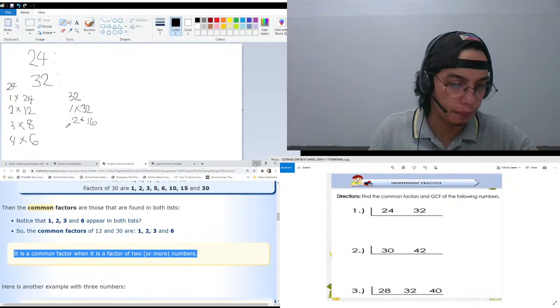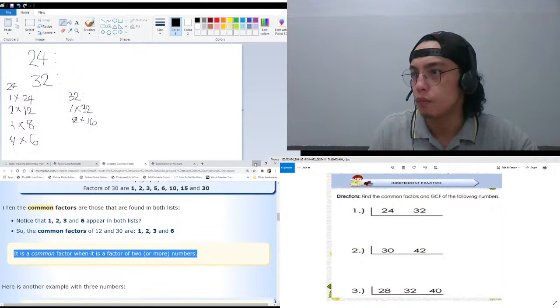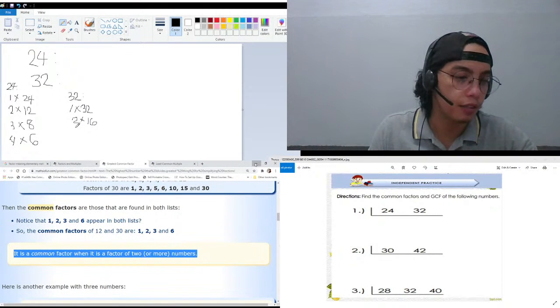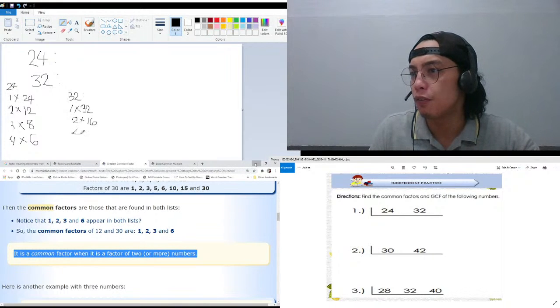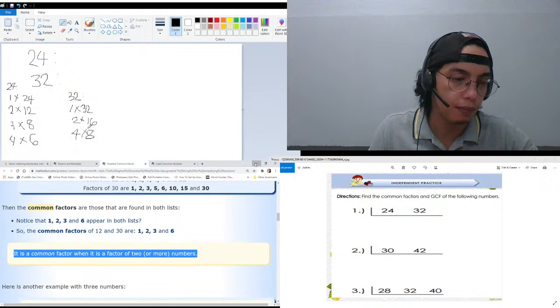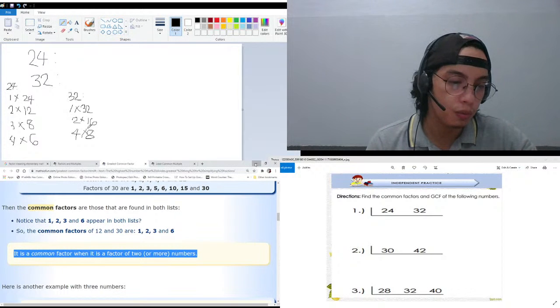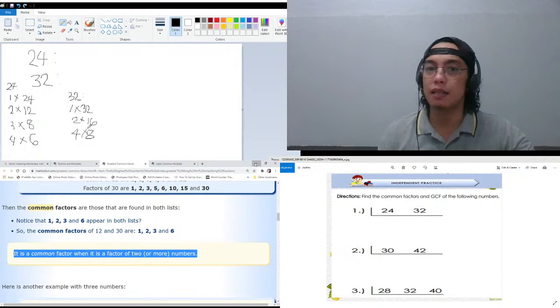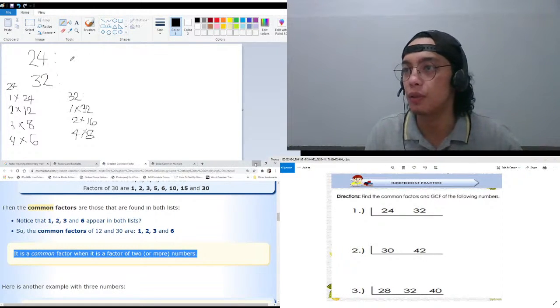Isa pa man. Let's do 4. 32 divided by 4, 4 times 8. Isa pa man. Let's think. 1, 2, 4, 8. That's it. Those are the factors of 32. So let's write them down.